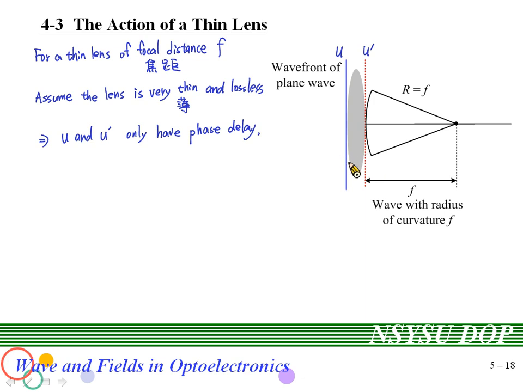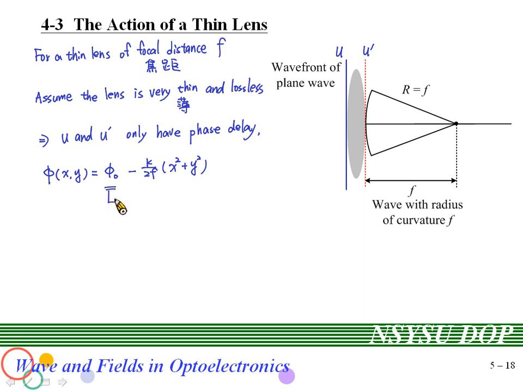We define the phase delay on u prime as the phi function, which is in terms of x and y. The phase delay of u prime with respect to u is the phi function. The phi function can be written as phi 0 minus k over 2f times x squared plus y squared.